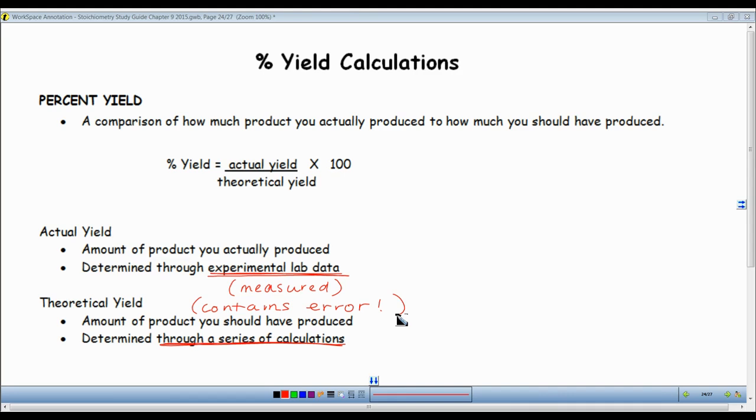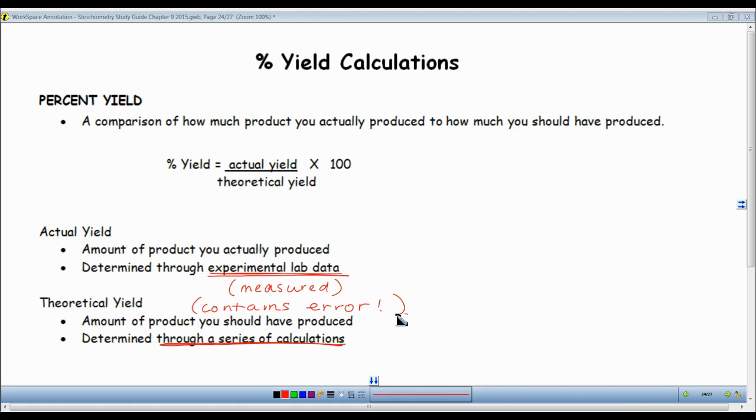Well, then do them correctly. There's no excuse for not doing the calculation correctly. That is something that is in your control. Change the calculation, do it correctly. Error comes from the actual yield, things that happened in the lab that caused your final yield to not be correct.